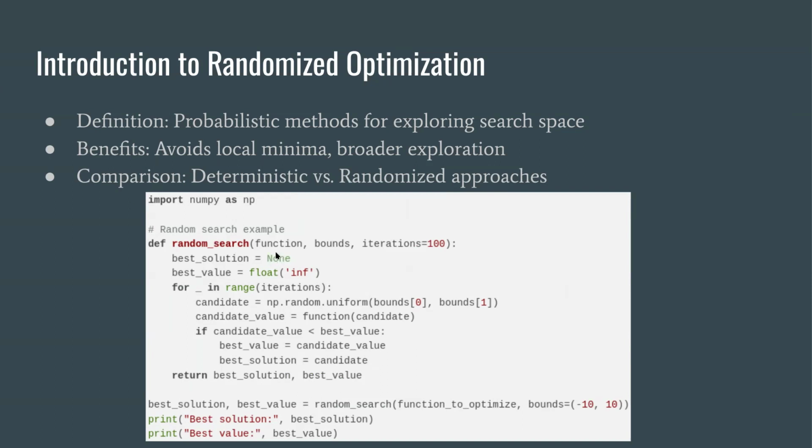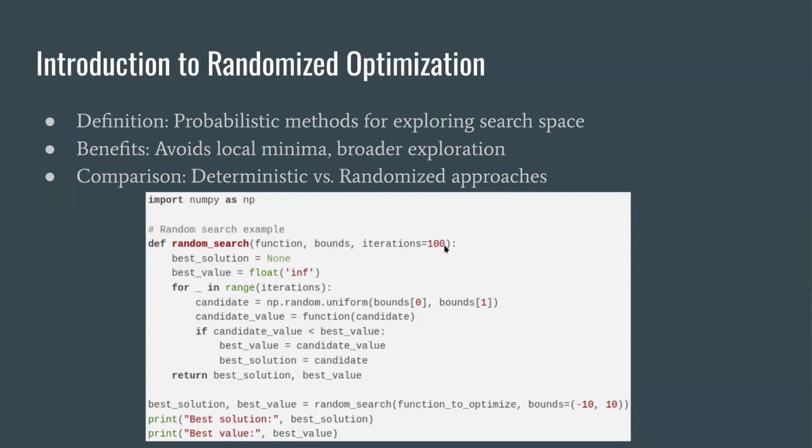And here is just a simple example. We have a random search function, and it takes the function, bounds, and iterations as parameters. We initialize the best solution and best value, and we will iterate based on the iteration parameter provided.